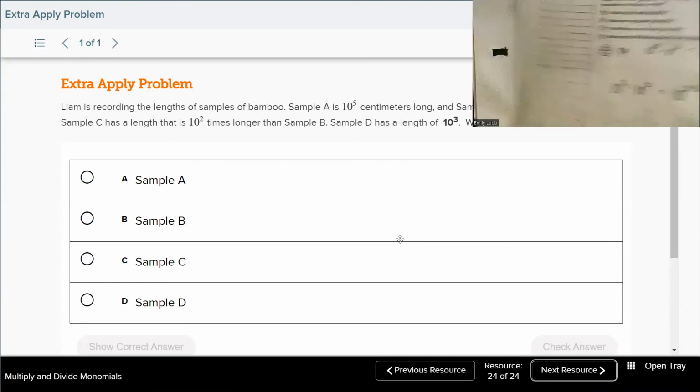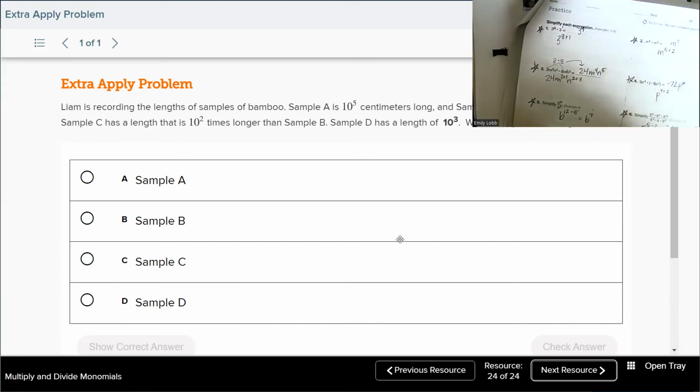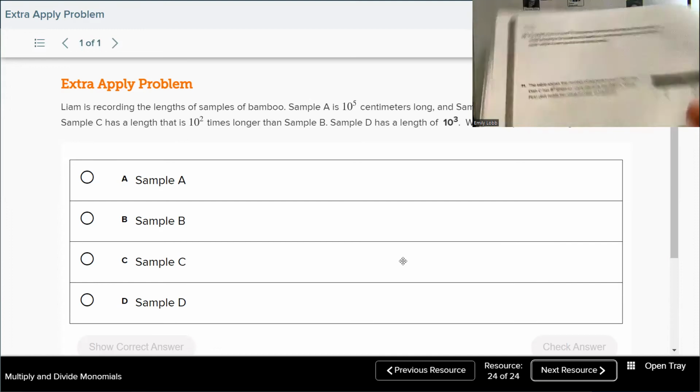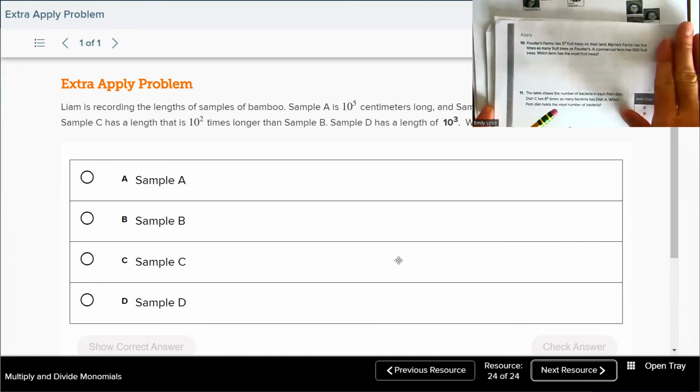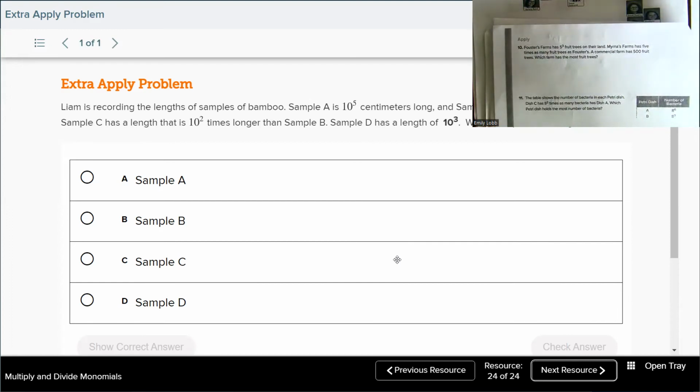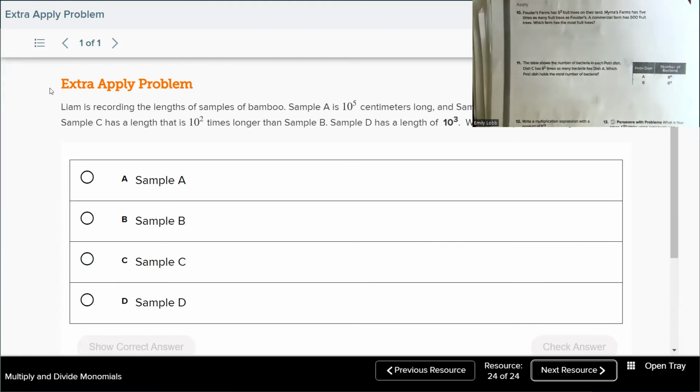So this leads us to the back side of our problem. We are going to be working on page 24. Refer back to our examples as you're going through page 24.